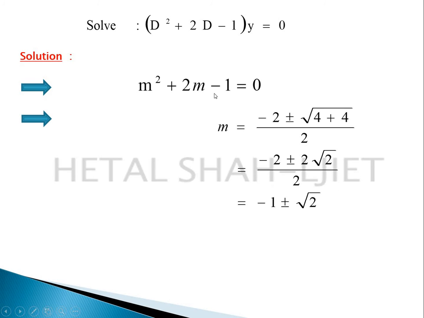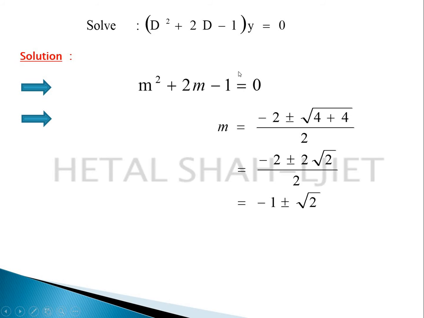So this is not possible to solve by simple factoring. Here, the auxiliary equation is m square plus 2m minus 1 equal to 0.